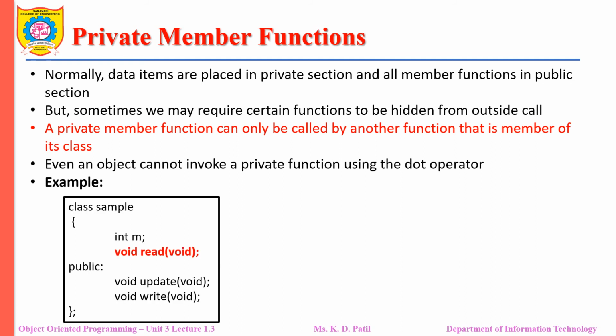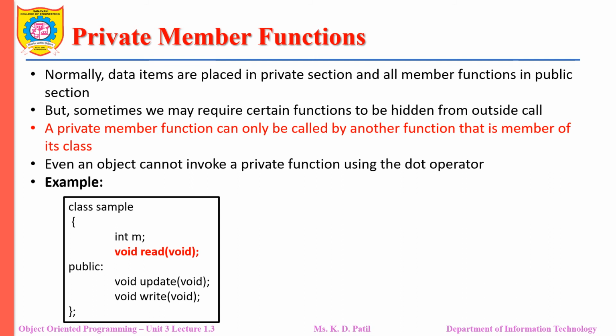Now let us see the example. Here I have a class sample which has a data member m and a member function void read. Here the visibility label is not available, which means the integer m data member and the void read member function are both private, hidden by the class. And we have two more member functions here, void update and void write.